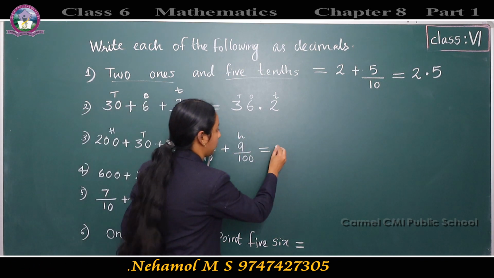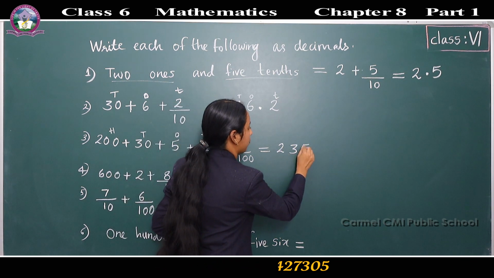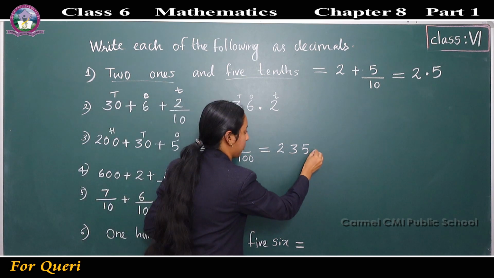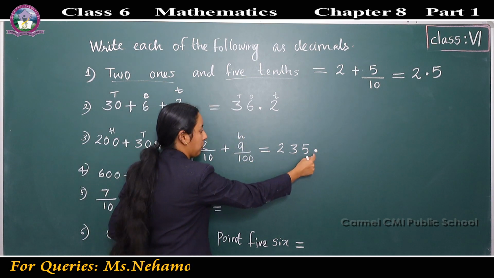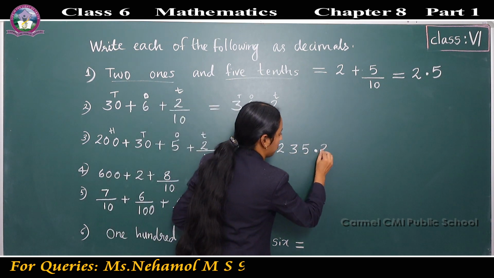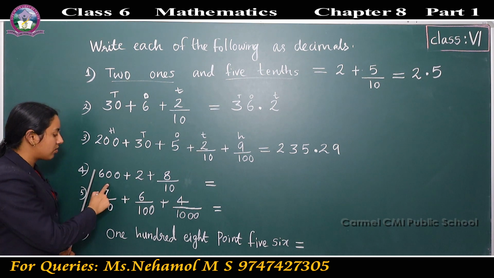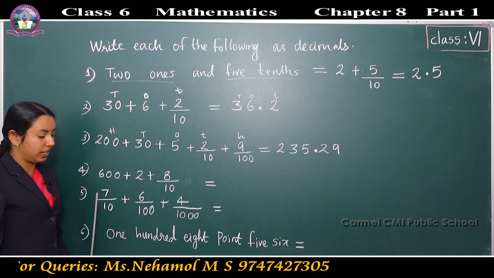Then what is the corresponding decimal? 2, 3, 5, then point, here onwards fractional part. So, 235.29.